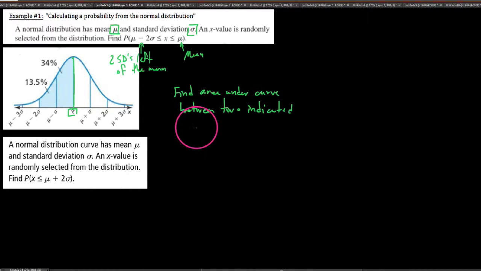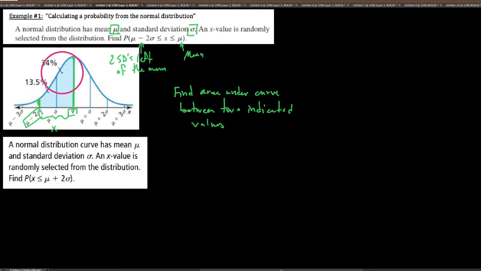And so what we see here is our 2 indicated values are on the left, the average minus 2 standard deviations, so that would be right here, between this x value and the mean here. If we were to grab some random x value on this interval, what would be the probability we grab it? It's going to be equal to the area under the curve between those 2 x values there.